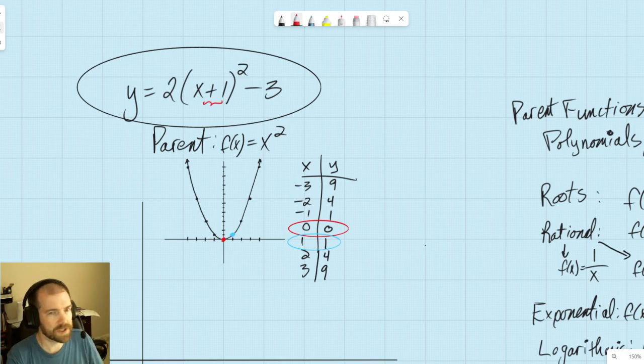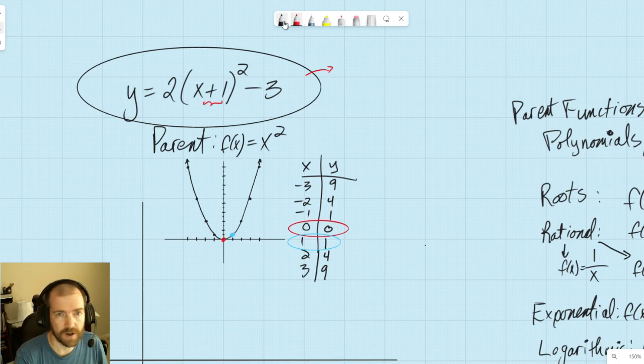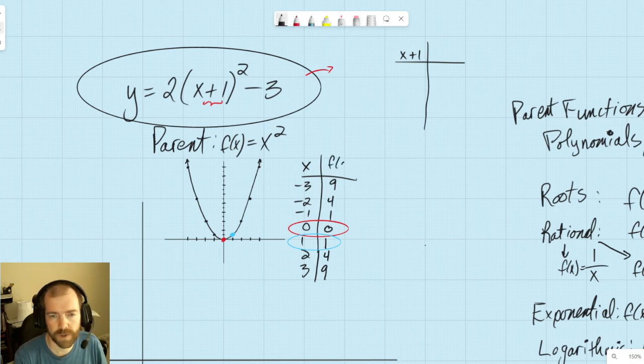The way that works, again, in practice, was we said, okay, if we're going to do this on a table, I would say I want my x plus 1 values in this particular function. And we want this to be not y, but rather f of x, because it matters for this particular case. In here, we want what are the f of x values that are coming out.